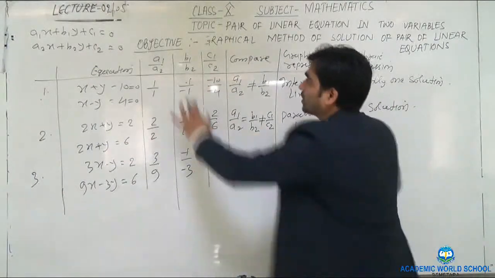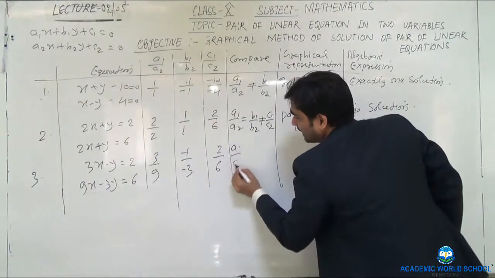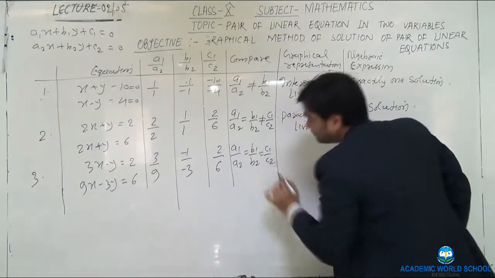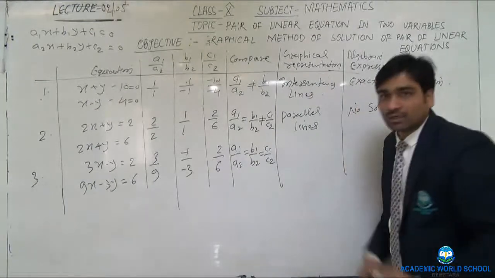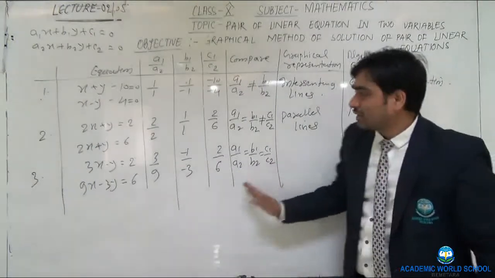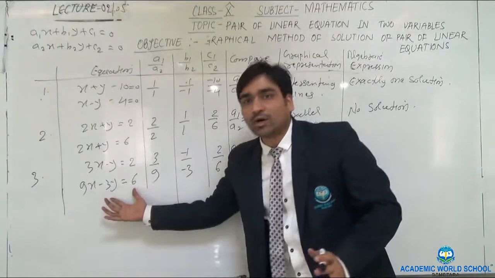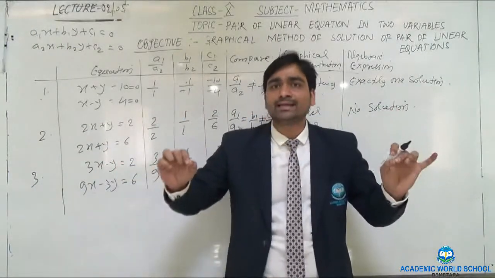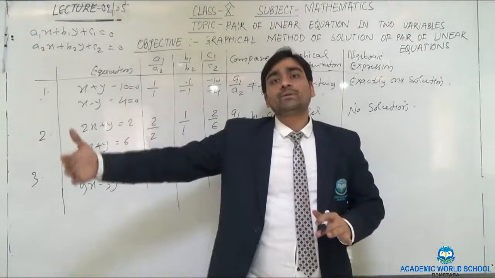So finally what did we get? This value a1 upon a2 is equal to b1 upon b2 is equal to c1 upon c2. It means that all are equal. So which type of graph will we get? We have just seen the coincident line. That means every point lies on the previous line.